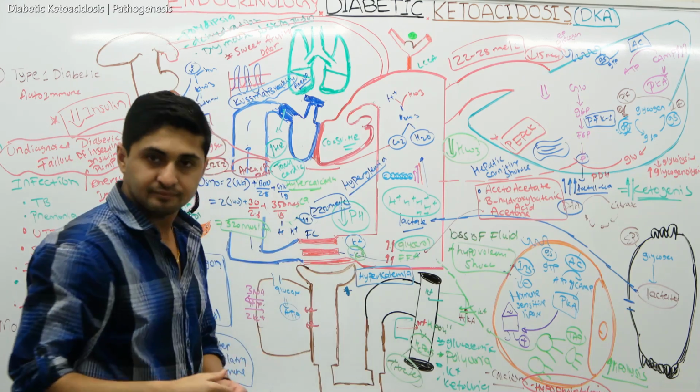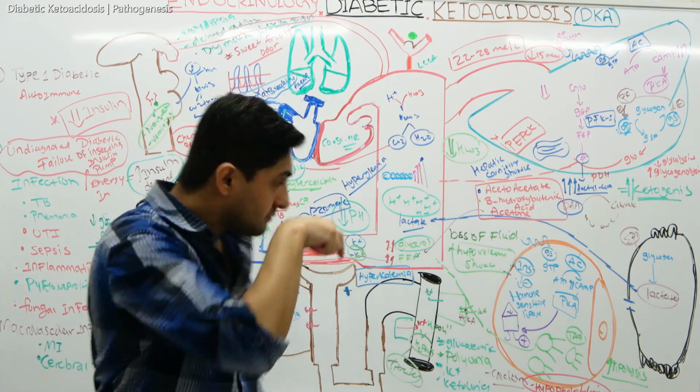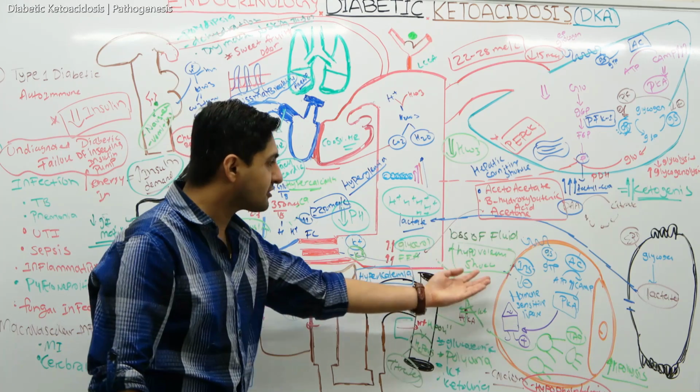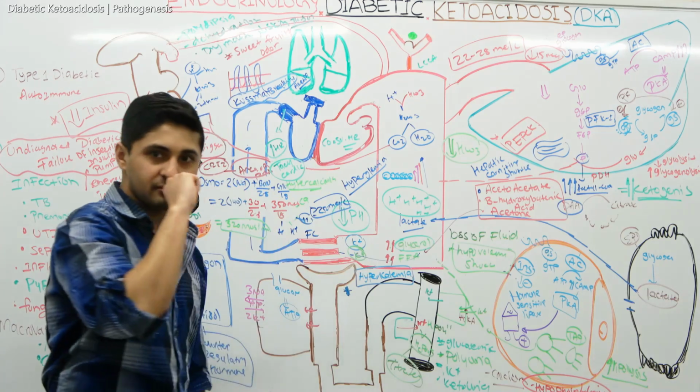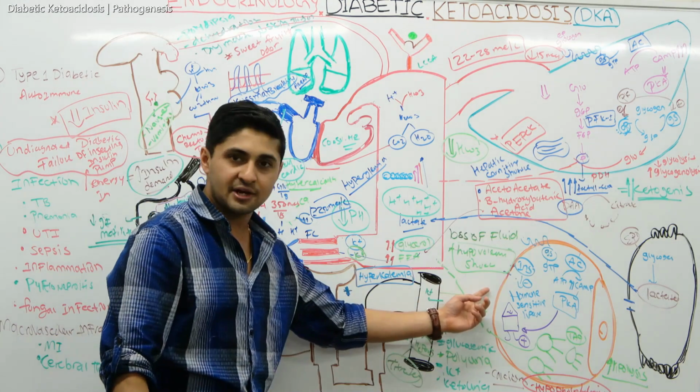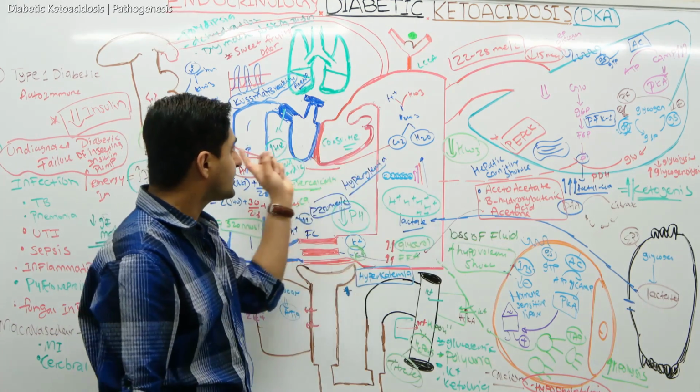And not only that, whenever there is a loss of fluid, what is going to get triggered? When the loss of fluid is there, this pathway is going to get triggered.